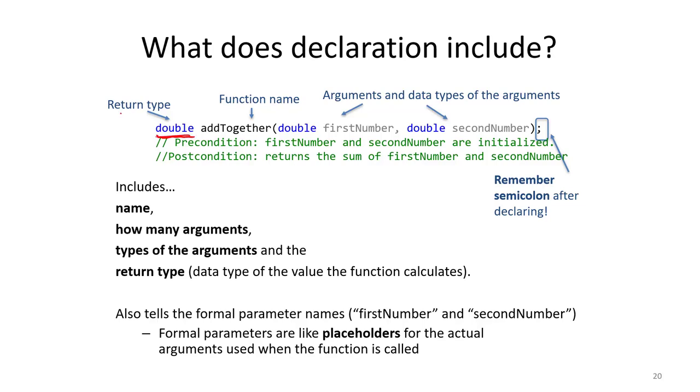First thing we see is what's called the return type. That basically tells us what type of data the function will calculate and send back when it's finished.